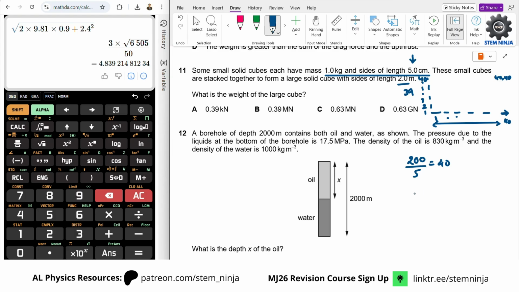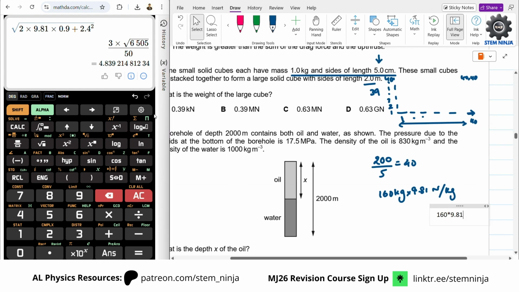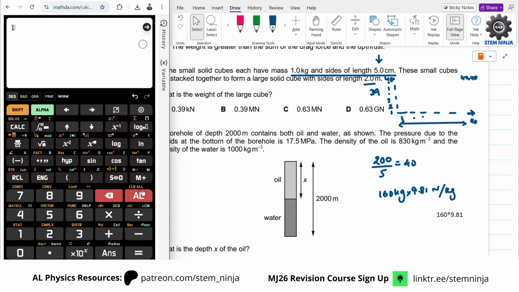So you have 1600 kg of this, and then times 9.81 newtons per kg. So 1600 times 9.81.